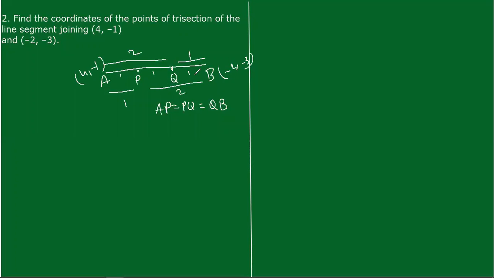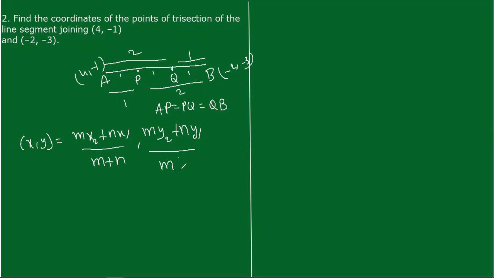So let's write the section formula. (x, y) is equal to ((mx2 + nx1)/(m + n), (my2 + ny1)/(m + n)). Okay, so let's first find the P point.